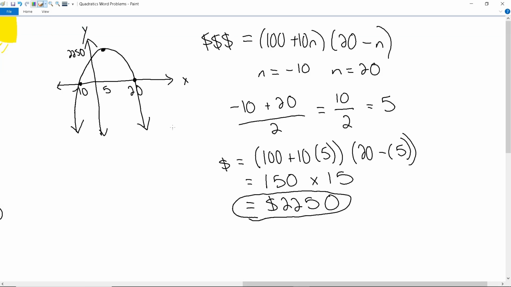Not too bad. But the second part of the question was, what if she only wants to make $2,000? So what I'm going to do is set my quadratic equation equal to 2,000 and see when that happens.